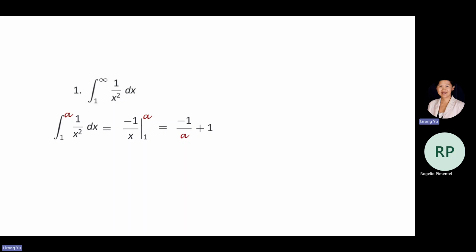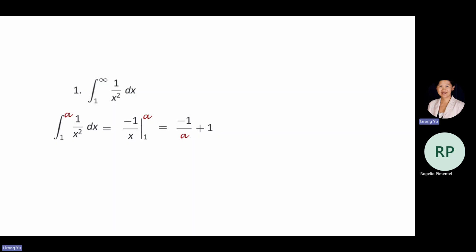So on the board, I have the integration question. If you're integrating 1 over x squared, what is 1 over x squared? It is x to the -2 power. Using the power rule, -2 plus 1 is -1. So x to the -1 power over -1 equals negative x to the -1 power, and x to the -1 power is 1 over x.